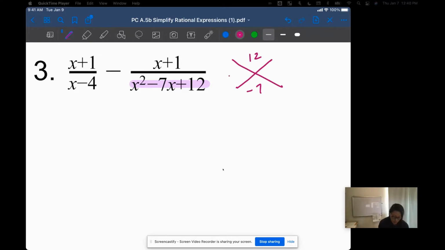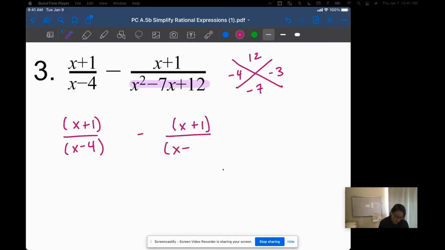So that would be multiply -4 times -3 to multiply to 12 and add to -7. So I can just rewrite this as x plus 1 over x minus 4, and leave a little space, minus x plus 1 over x minus 4 times x minus 3.